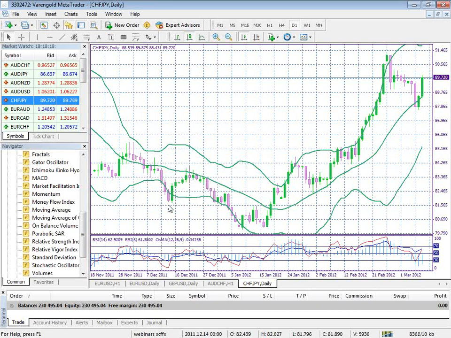When we have bigger candles, the volatility is bigger, and we also have a bigger distance between the upper and lower Bollinger Bands. Here we have bigger candles, and bigger volatility between the Bollinger Bands. So the pair should have one variation between those bands set by this indicator, by Bollinger Bands.